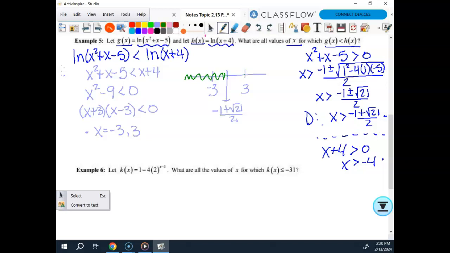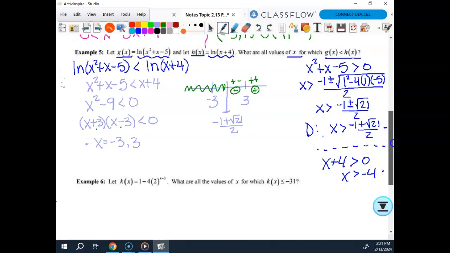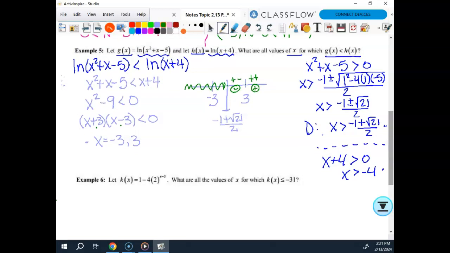If I put 2.9 repeating in here, is this going to be positive or negative? Positive. 2.9 repeating in here, what do I get? Negative. So this is positive times negative. This is negative overall. If I substitute in 4, I'm going to get positive, positive. This is positive. Okay? So now let's figure out what we were looking for.